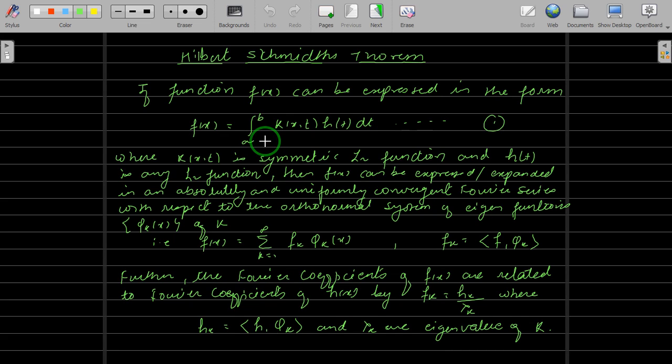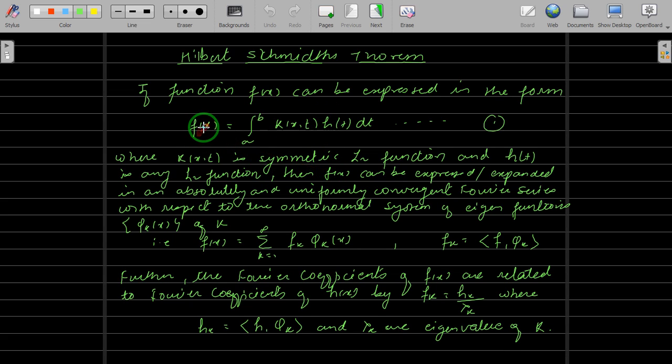So it is a non-homogeneous Fredholm integral equation of the first kind. Let us denote this as equation number 1, where K(x,t) is a symmetric L2 function, and h(t) is any L2 function. So this is the integral equation in the unknown function h.